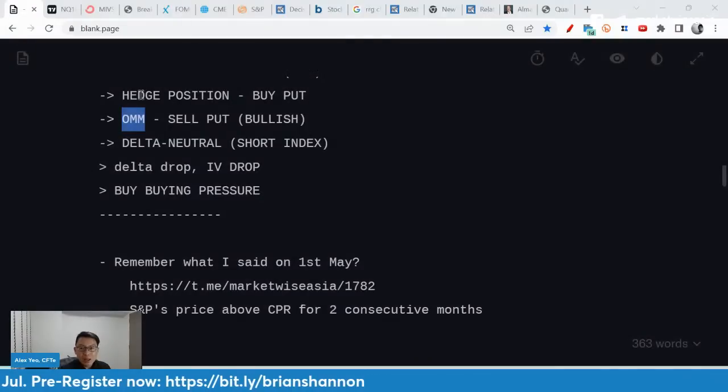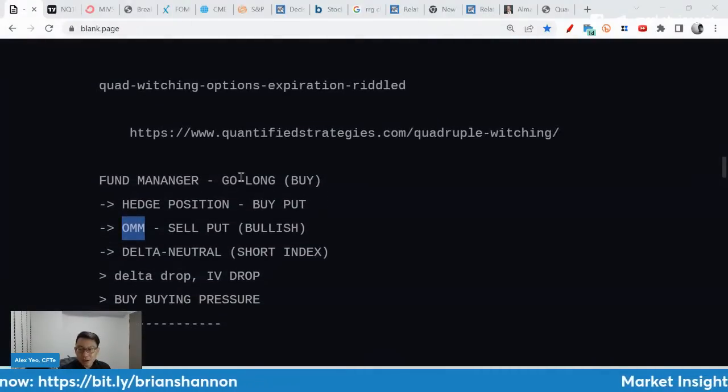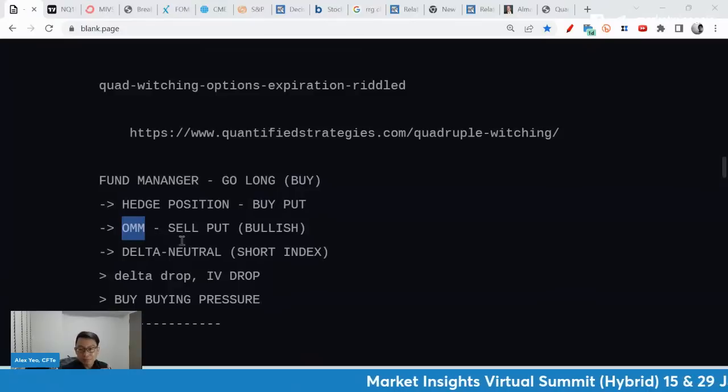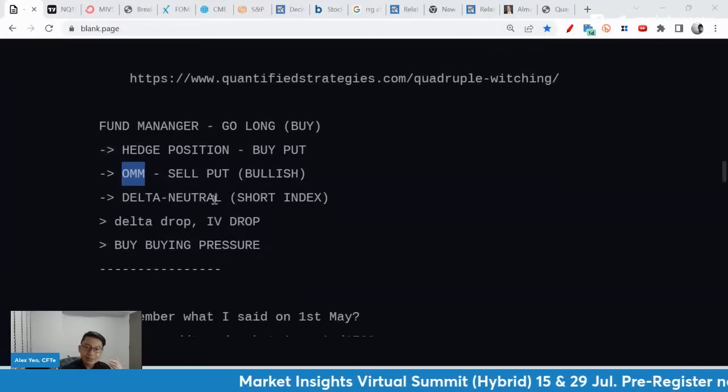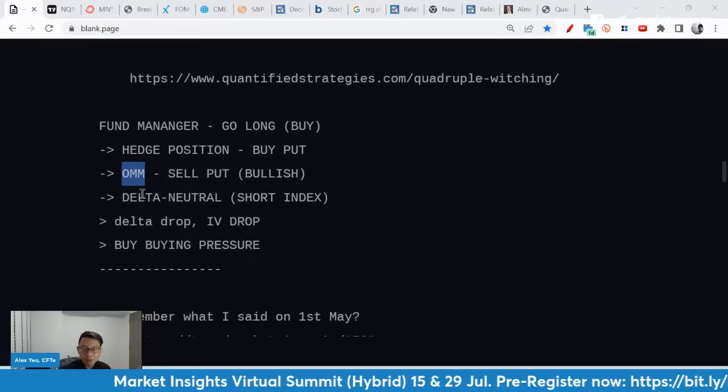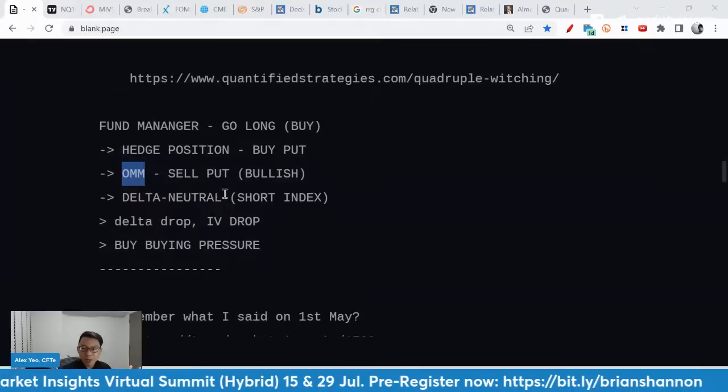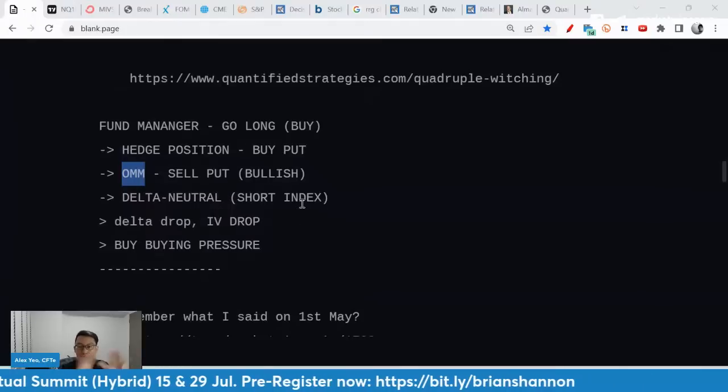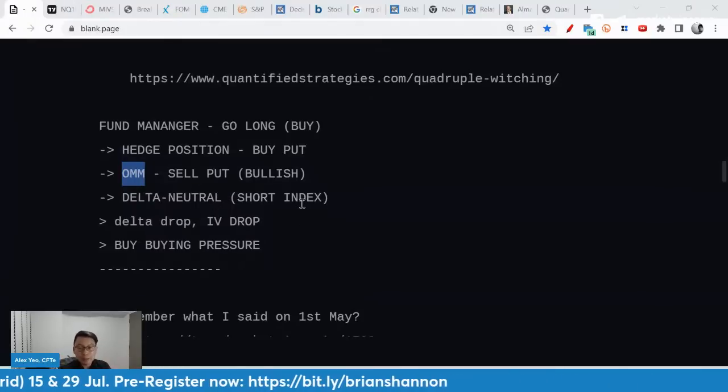One last thought. The hedge fund wants to buy, they go long, and the market maker needs to sell them the puts. Basically, selling puts is bullish. To become delta neutral, the options market maker has to short the index. Nearing the expiry date, delta drops, IV drops, everything drops.